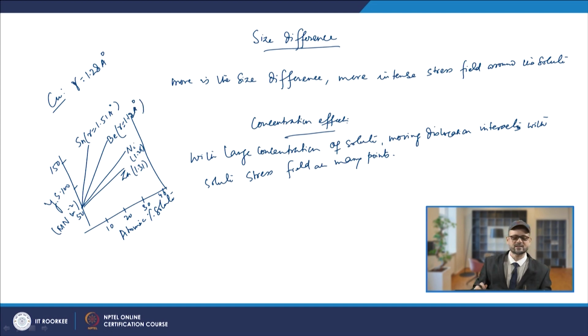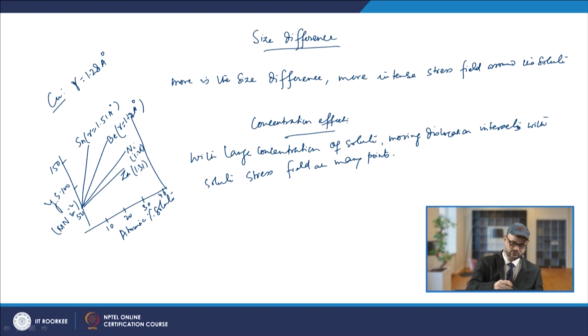For zinc and nickel, the difference is not so high, it's hardly 0.03 angstrom. However, for beryllium the difference is about 0.16 angstrom, and for tin, Sn, it becomes even larger, 0.23 angstrom.